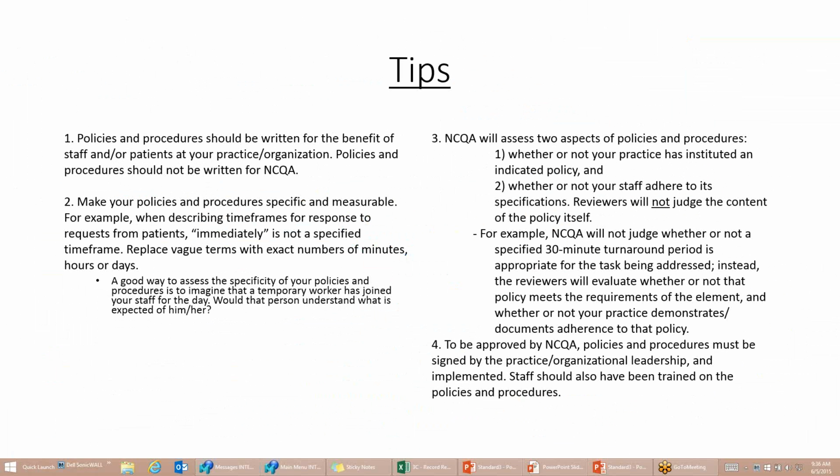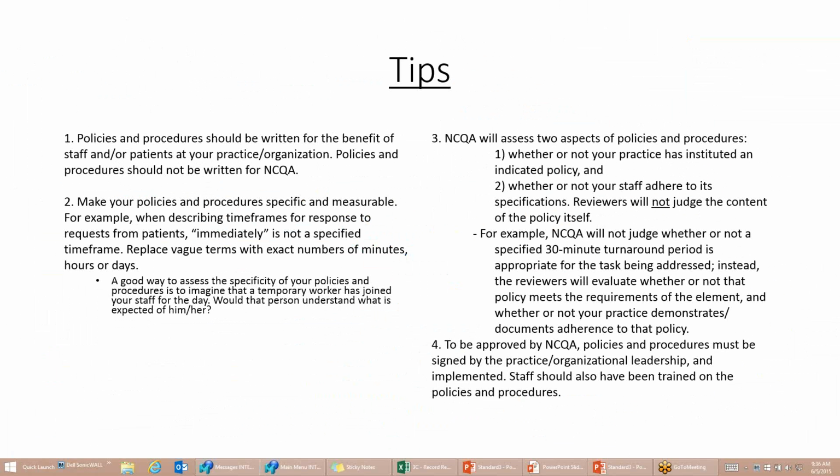So if your policy states that a patient's phone call will be responded to within 1 hour, they're not scoring you by saying, oh, I think that should be a half hour. It's just looking that you have something in place and that meets their requirements, and that the staff is working to meet those specifications and standards.